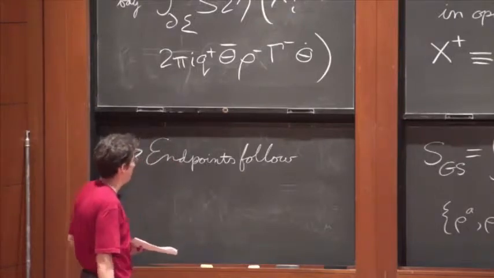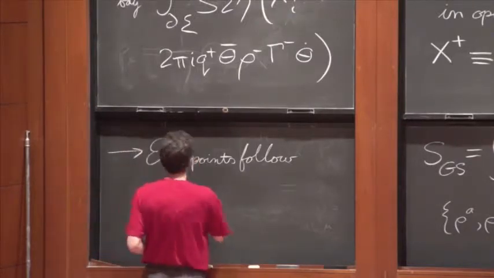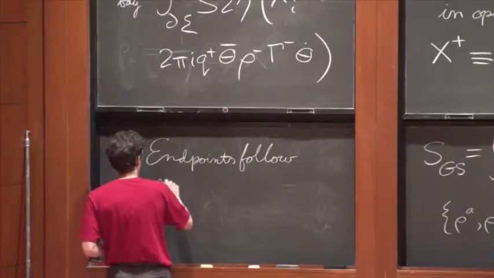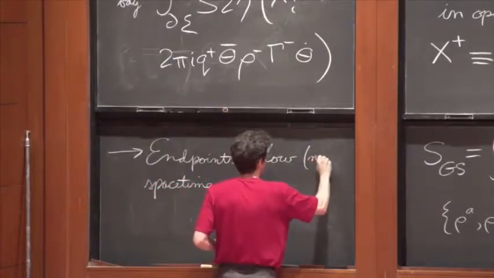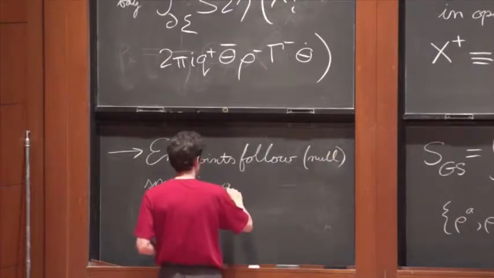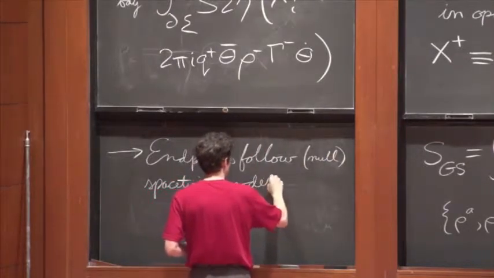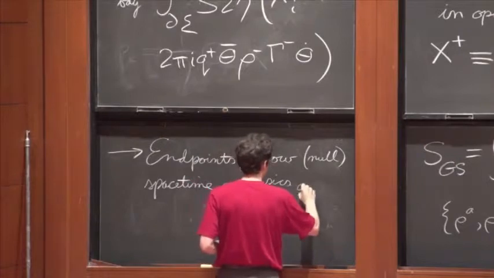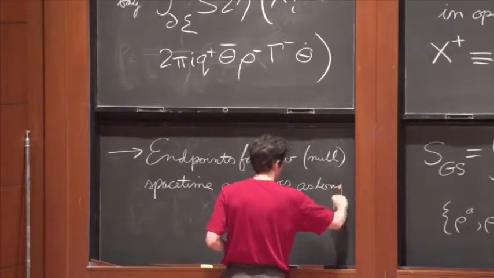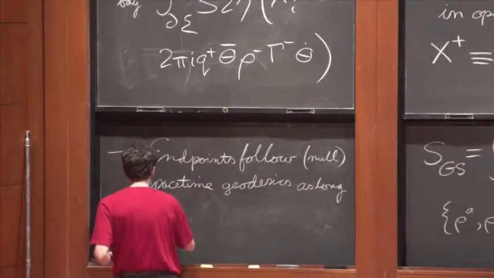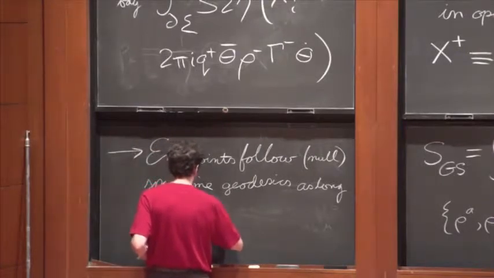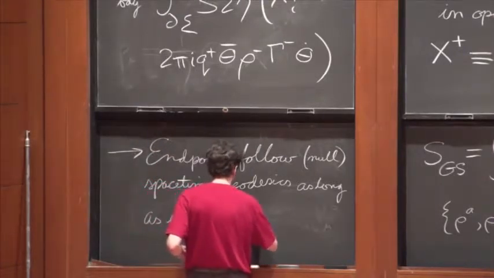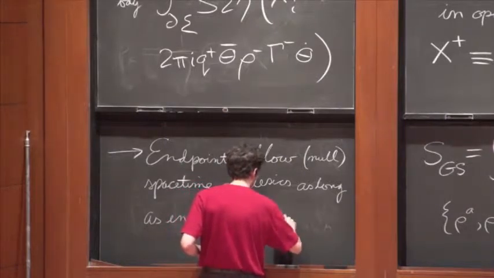The claim is that endpoints follow null space-time geodesics as long as the endpoint momentum is non-zero.